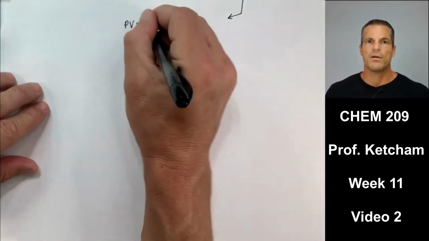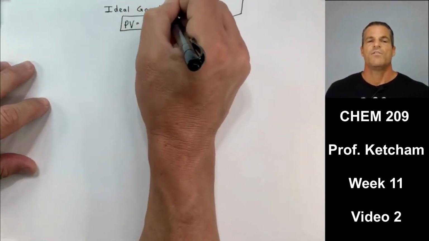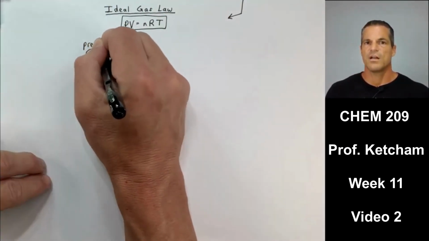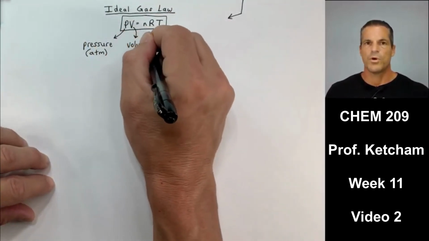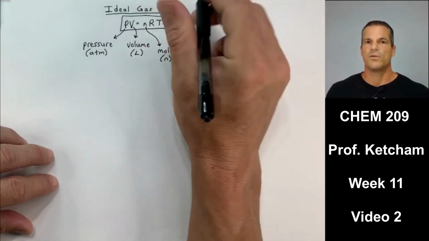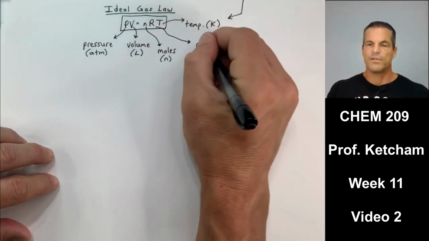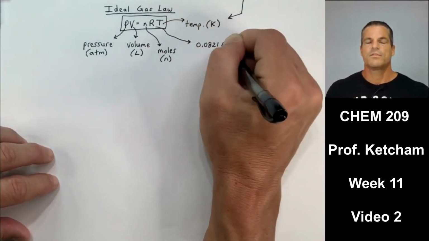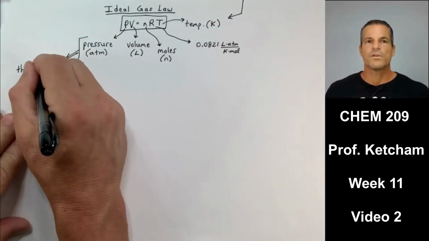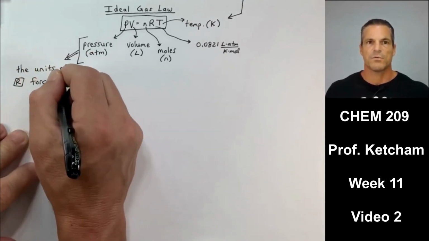One more blurb here on PV equals nRT before I let you go. The ideal gas law, if you look at the units of R, R is a universal gas constant, and the value isn't just 0.0821. It has certain units. R is 0.0821 liter atmospheres per Kelvin per mole. So the liter atmospheres per Kelvin per mole unit forces, for the first time, everybody to have specific units required.